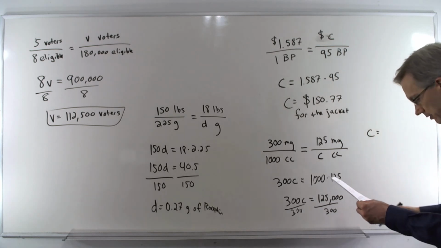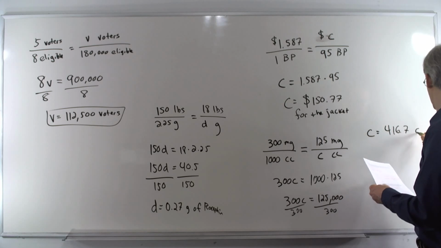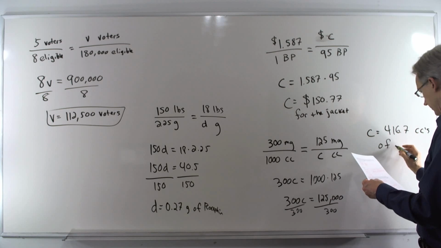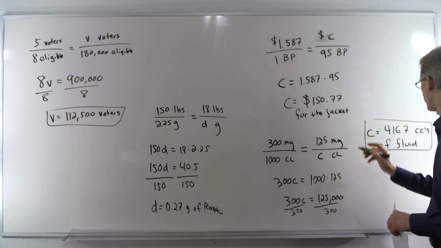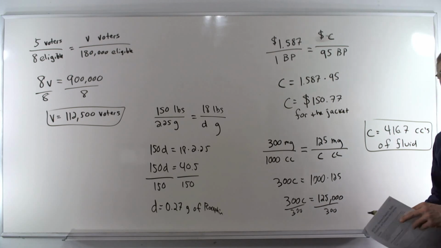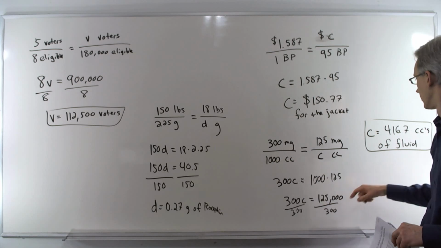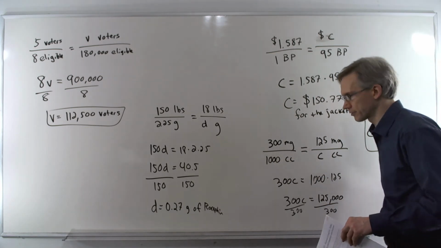And C equals 416.7 cc's of fluid. So out of that 1,000 cc bag, we should give them just under half to get the correct dosage.